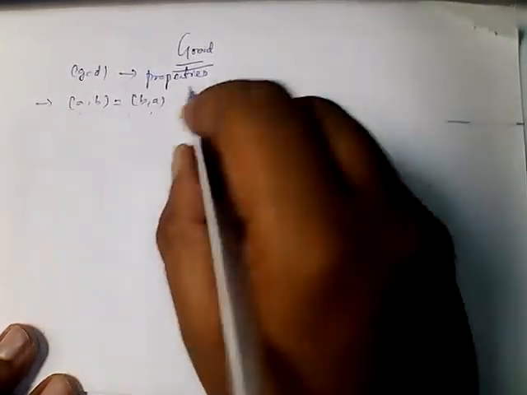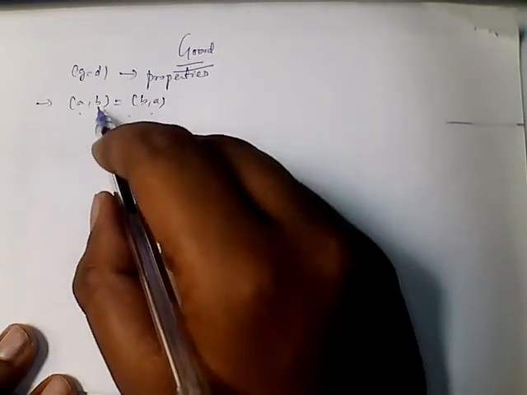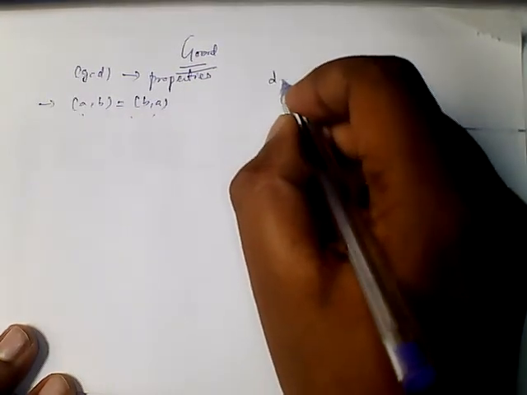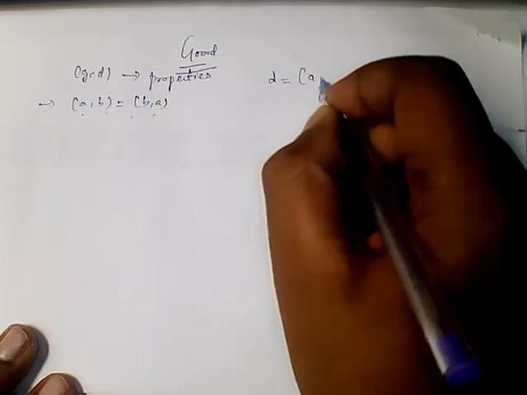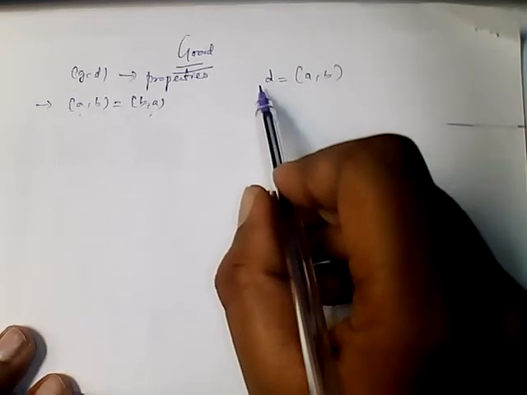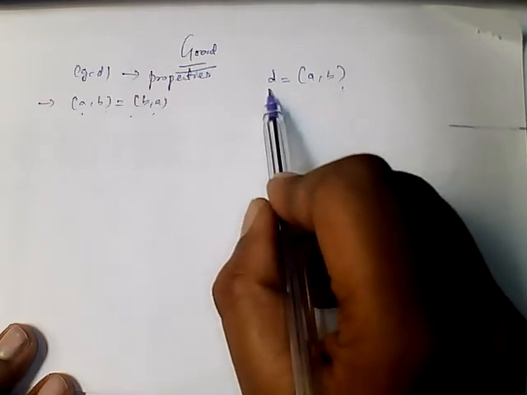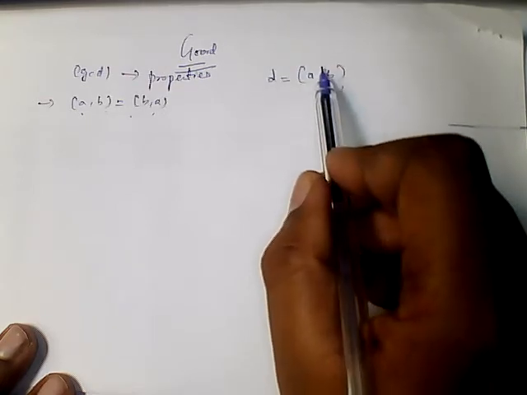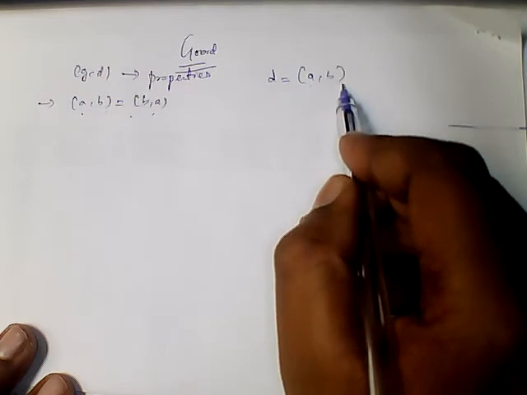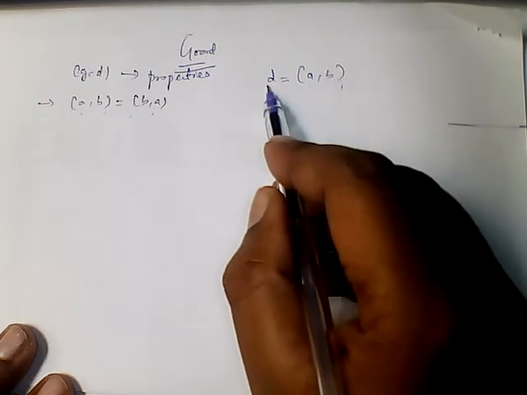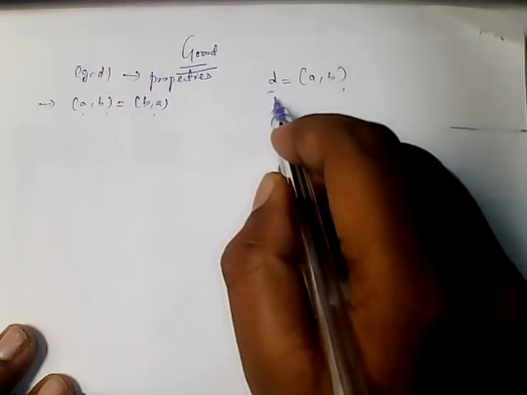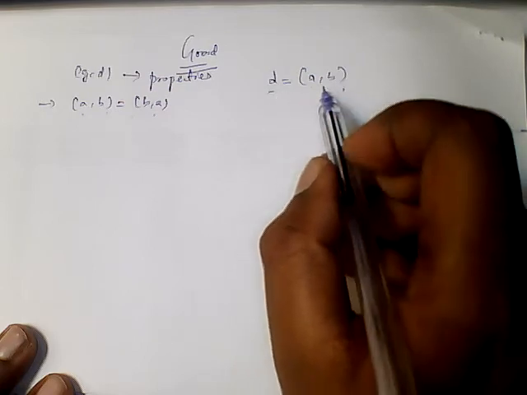Whenever I write it like this, it represents the GCD, for example d equal to the GCD of a comma b. What I'm trying to say is that d divides a and d divides b, and if there is another number that divides both a and b, then that number also divides d. At that time I am considering d as the GCD of two numbers.